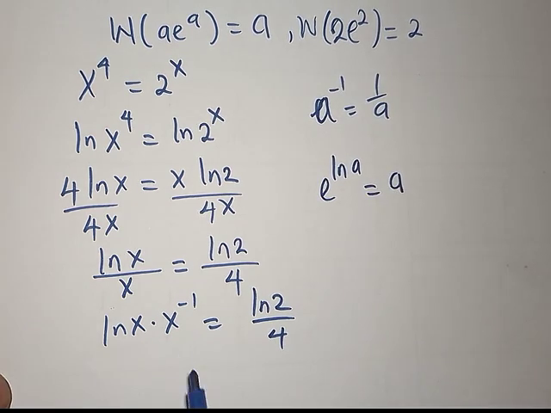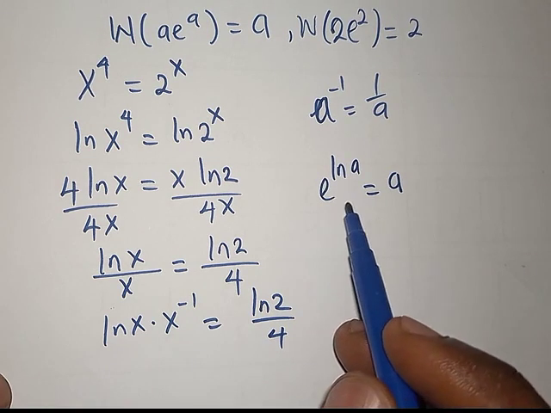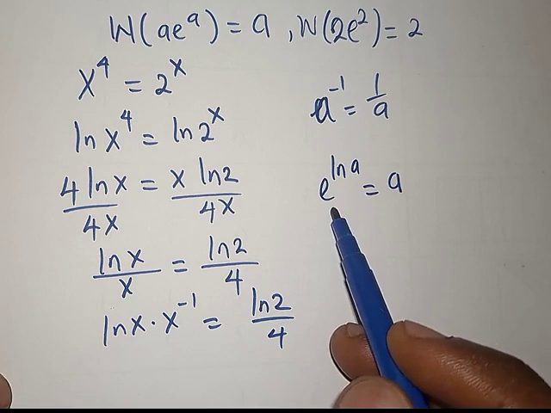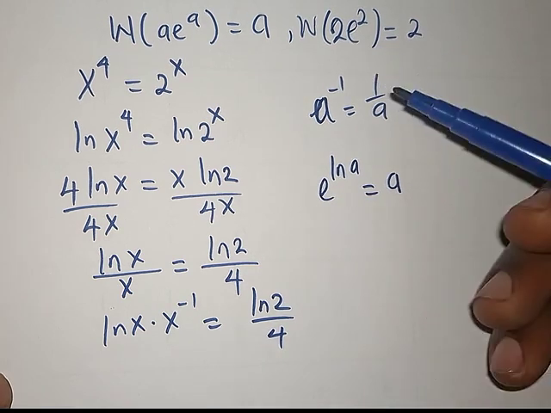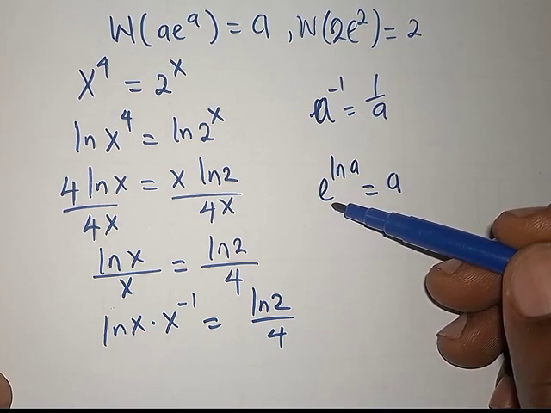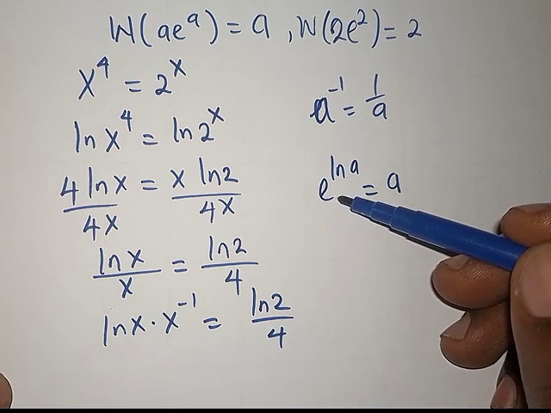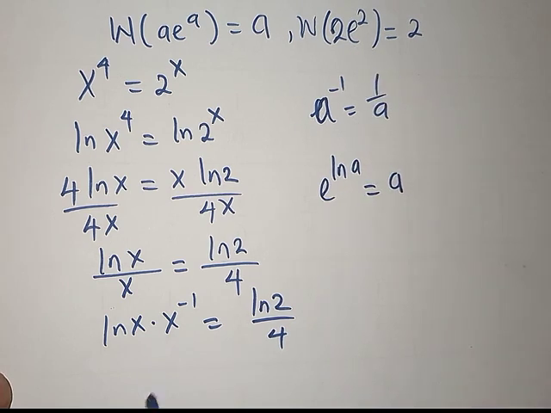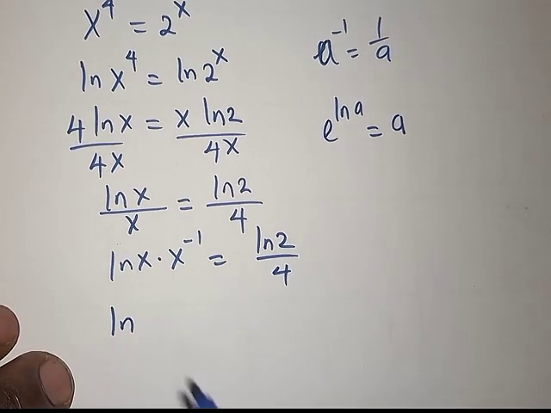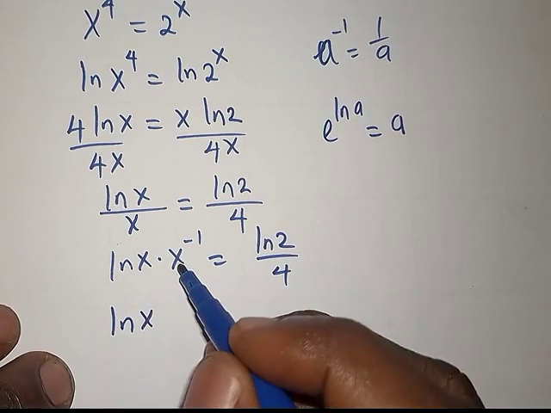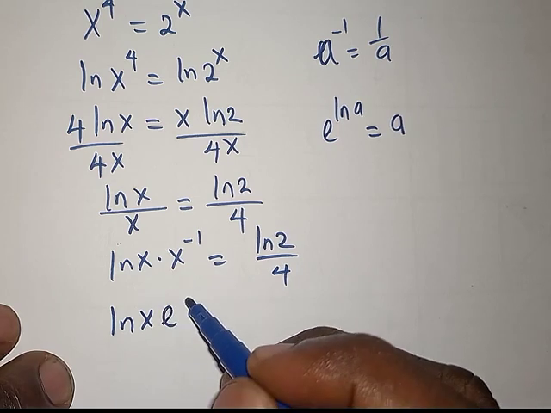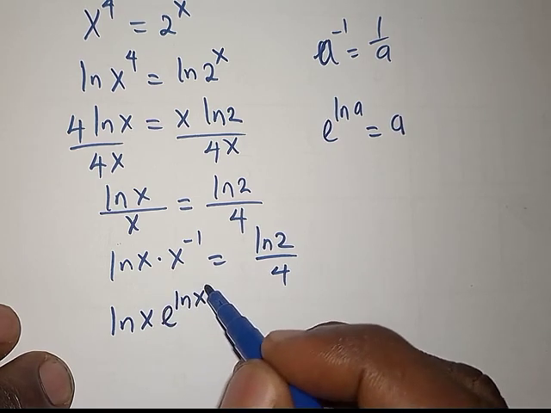Which shows that we are going to improvise, that is manipulate here, because from the Lambert W function we always have e, and that is very compulsory for you to be able to use the Lambert function. So therefore we're going to write this ln x, so I will write this x to the power minus 1 as e to the power ln x to the power minus 1.